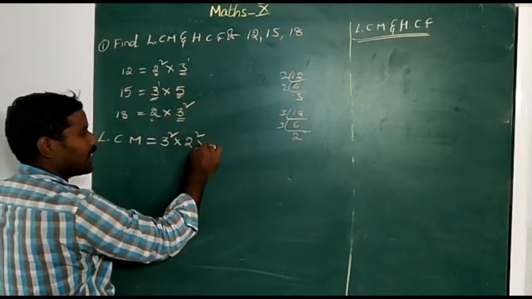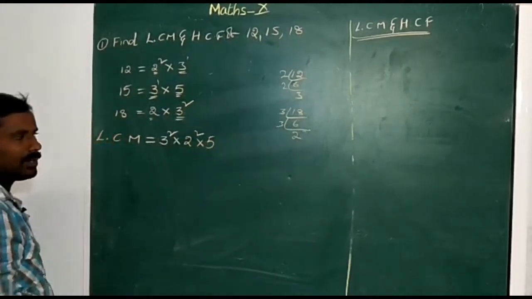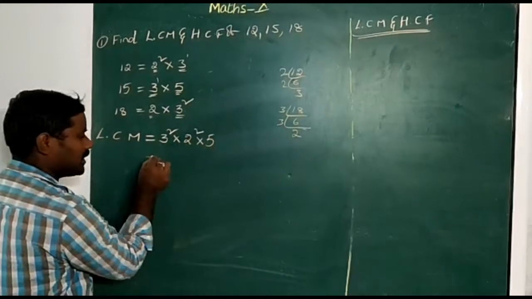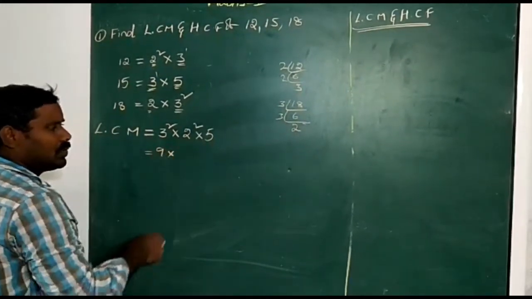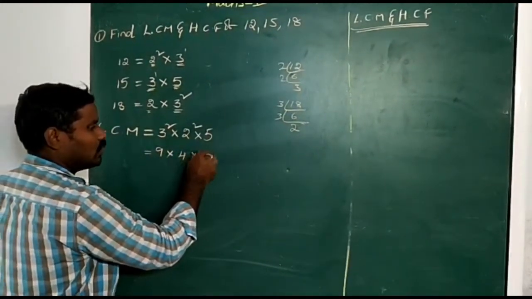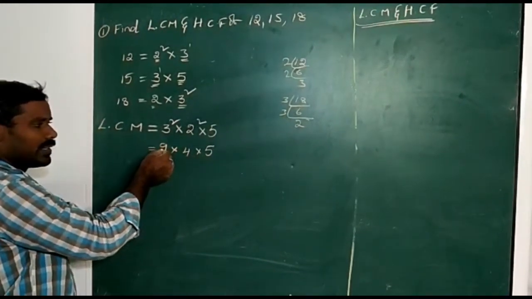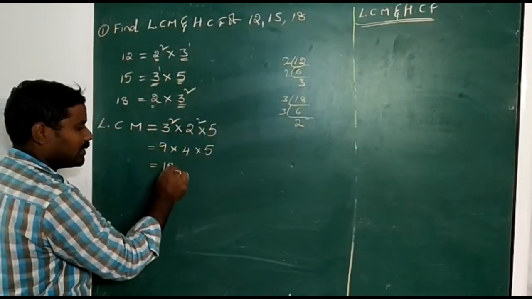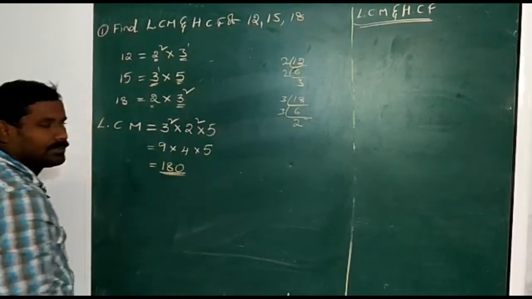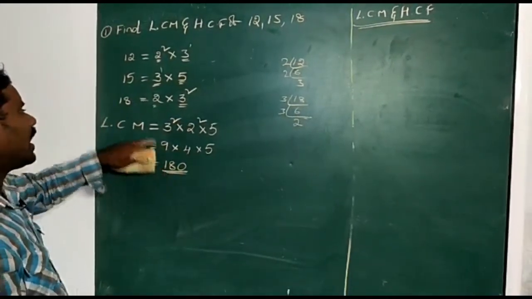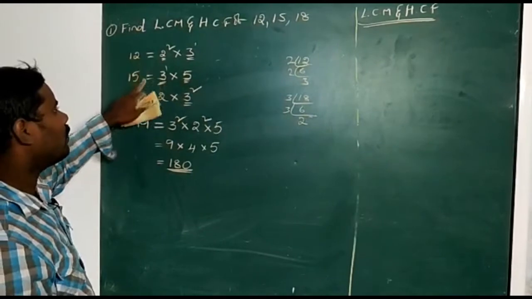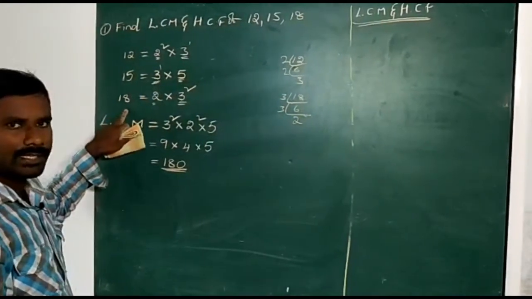Then the 5. Now if you find the LCM, it is the product of these: 3 square is 9, into 2 square is 4, into 5. 4 fives are 20, and 9 twenties are 180. Therefore 180 is the LCM of 12, 15 and 18.